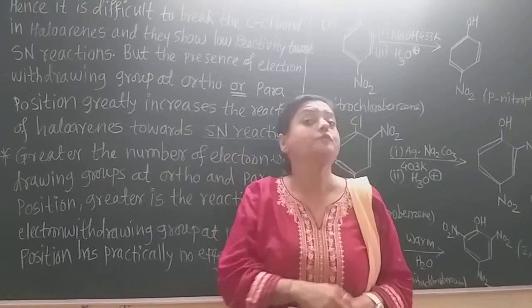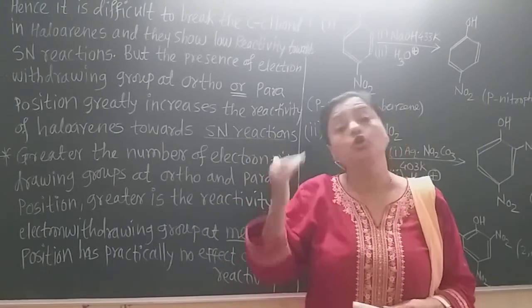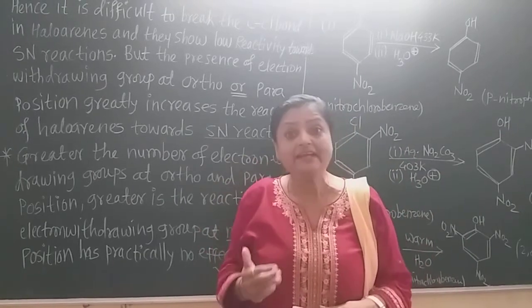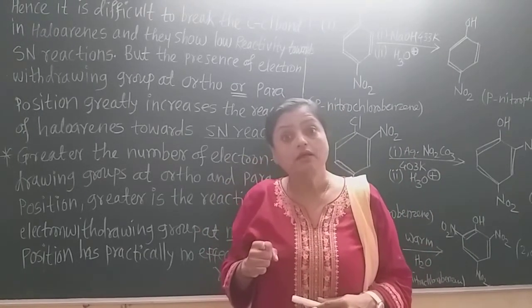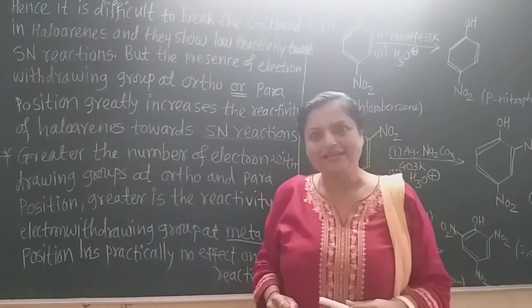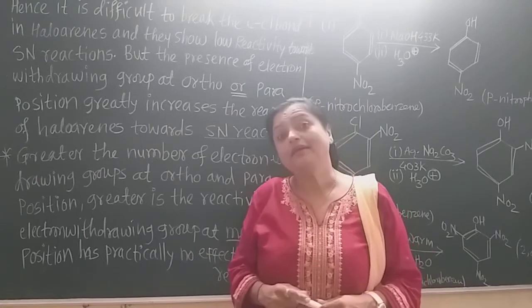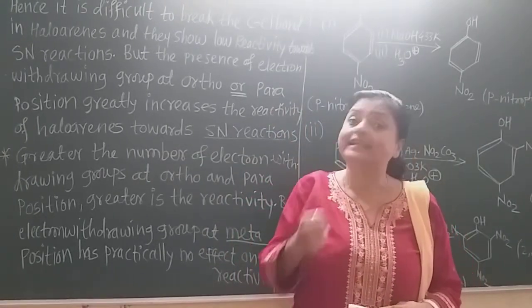If such groups are present at the ortho and para position of the benzene ring in haloarenes, the reactivity of the haloarenes increases, because they withdraw the electrons into the ring.